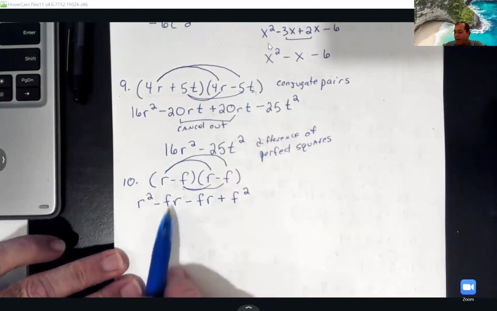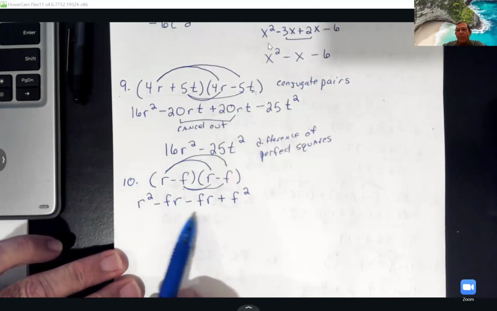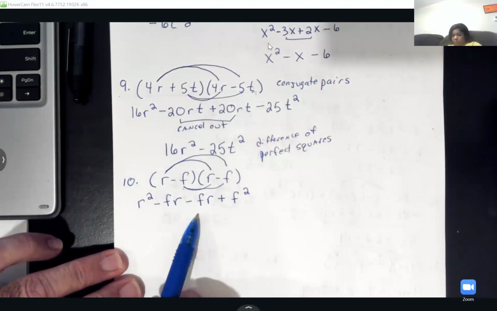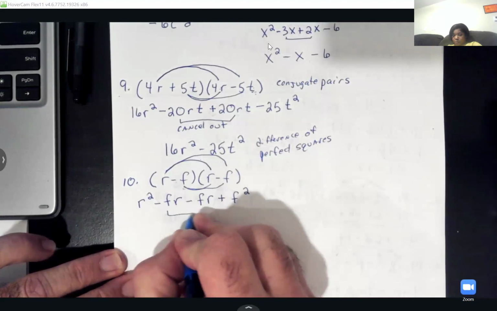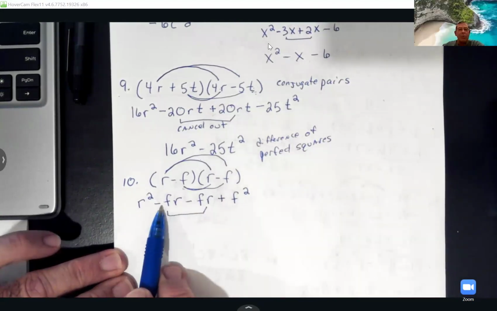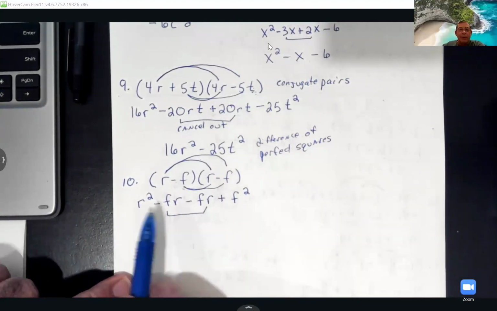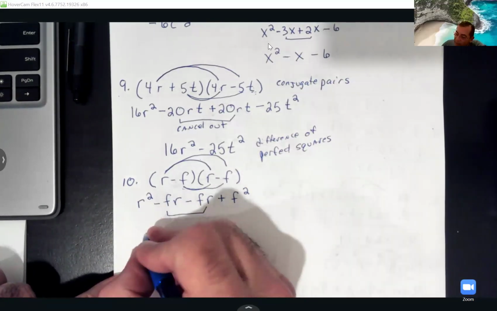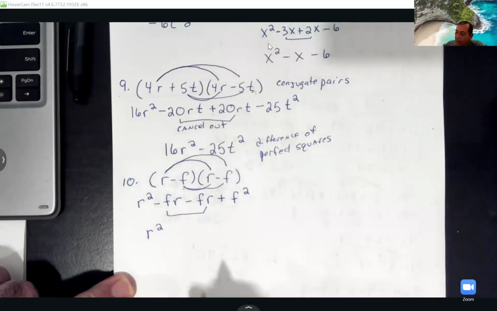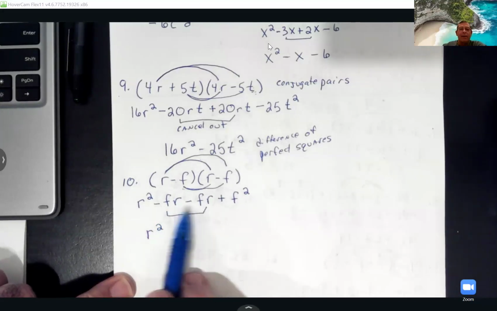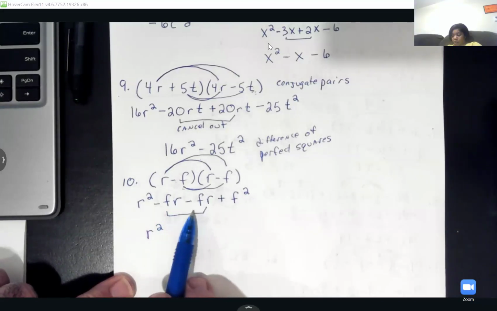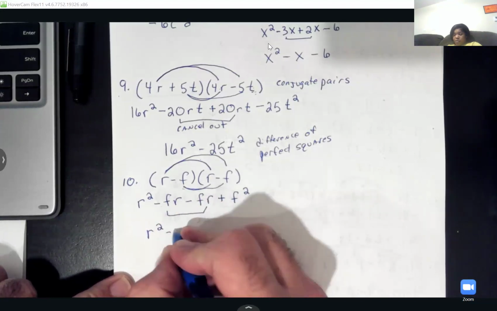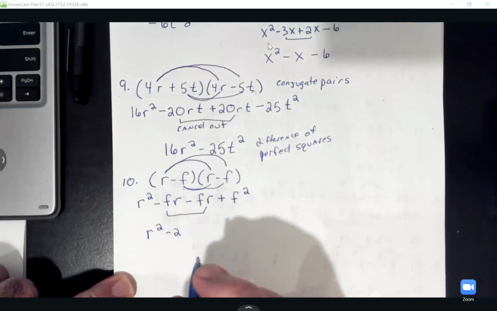Now, don't cancel those out, y'all, because these are both negative. So that's like a -1 and a -1. So let's see what that does. We're going to bring down r squared. All right, y'all, what'd that give me? -2.